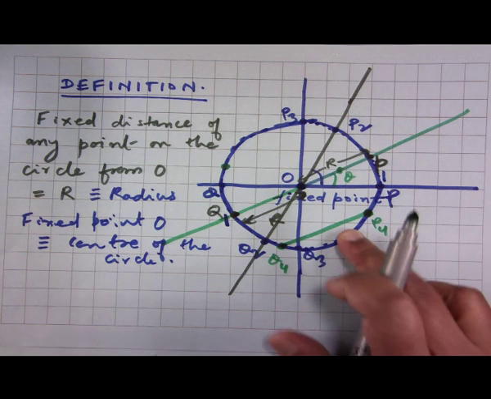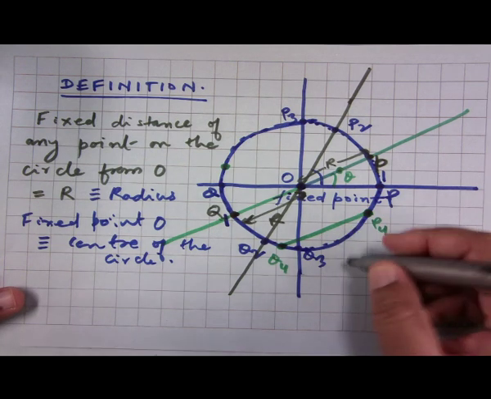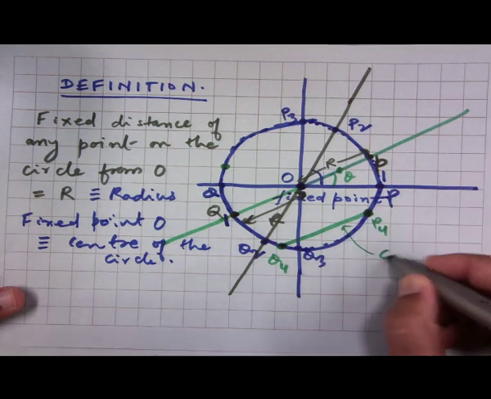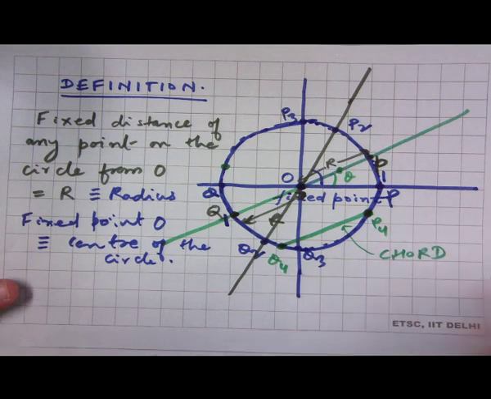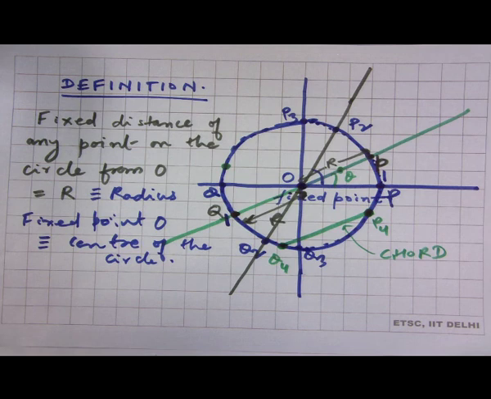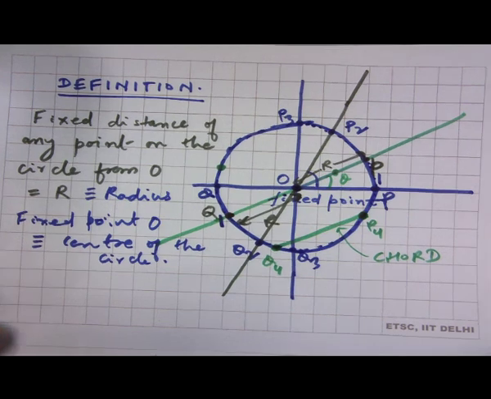Then such a line segment is called a chord. So, the chord is a line segment joining any 2 points on the circle.